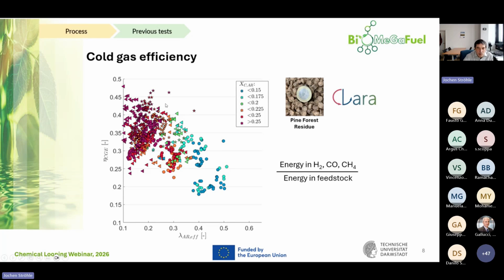Now, maybe you remember that we aimed for 80%, but here we have to take into account that in the pilot plant, we have a lot of heat losses. We have heat losses through the surface walls, but we also have this problem I mentioned before, that we need some flue gas recirculation, and this is some additional heat loss.